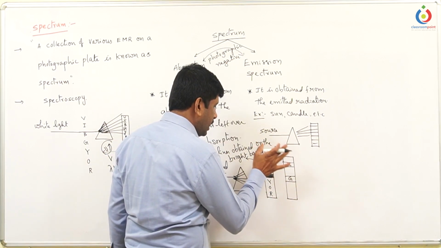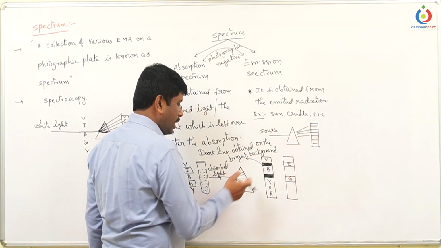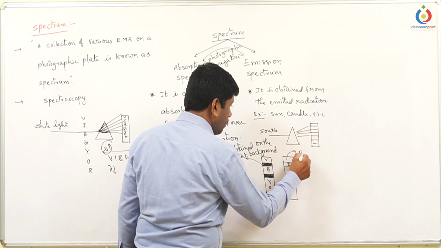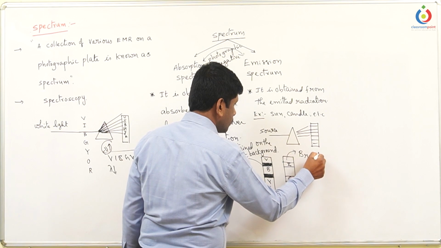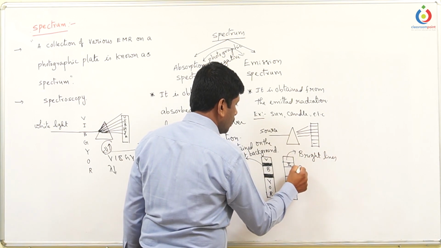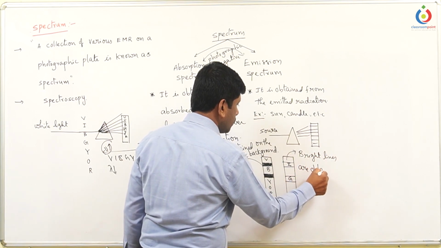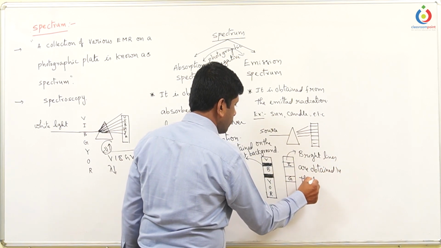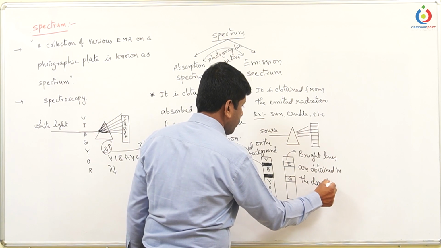So bright lines are formed because lines are appearing now. That's why in the case of the emission spectrum we can say that bright lines are obtained in the dark background.